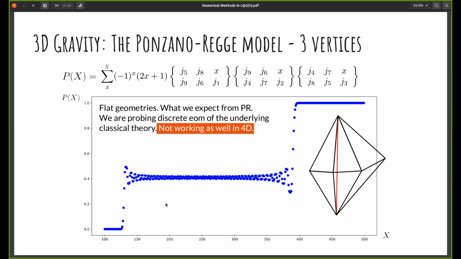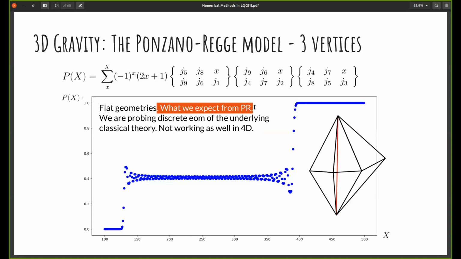And this result in Ponzano-Regge was what really excited me a lot, because from the Ponzano-Regge point of view, let's say the result is not that exciting. I mean, we can extract this result also analytically. There's a way to do it. And we can compare it to a classical theory.